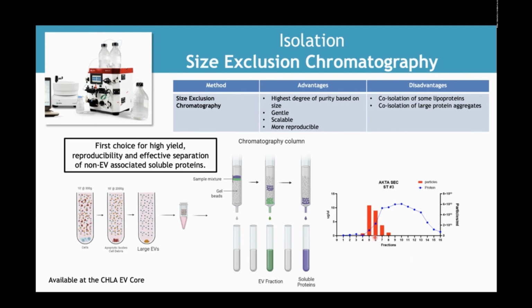Here, if we track the content of vesicles in each fraction, we see that fractions 5 and 6, for example, have the highest number of vesicles, whereas the protein content is higher in the later fractions, suggesting a good separation between EVs and soluble factors.